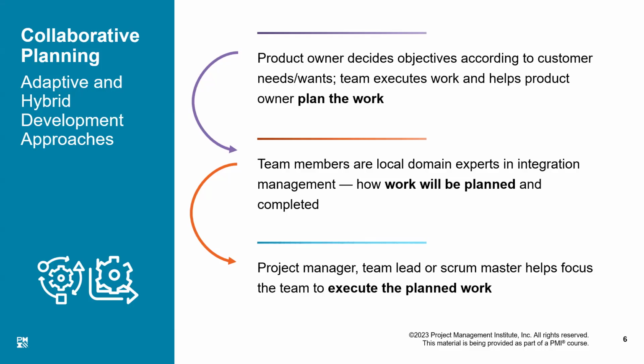How work will be planned and completed is what the team members collaborate to do. That is exactly why we call it collaborative planning. Now, because hybrid does also have an element of agile in it, this slide also fulfills the requirement for a hybrid project.